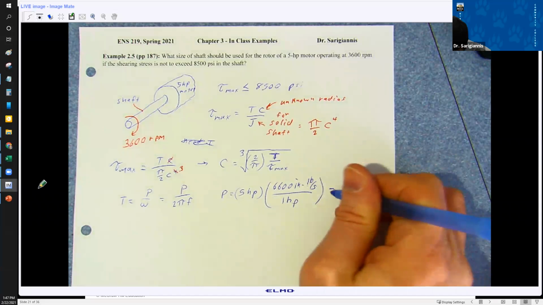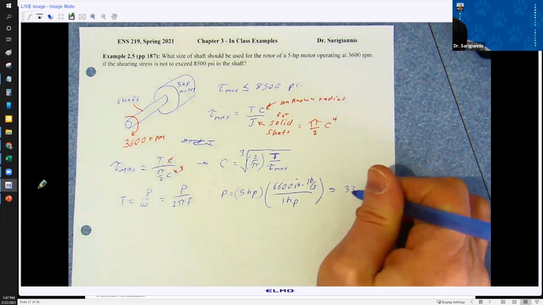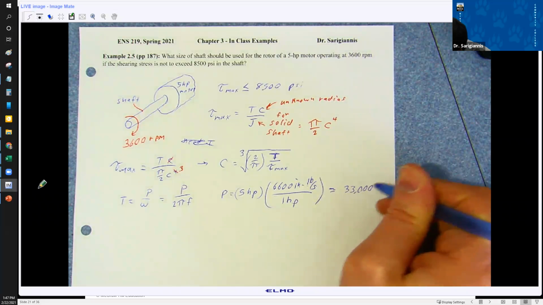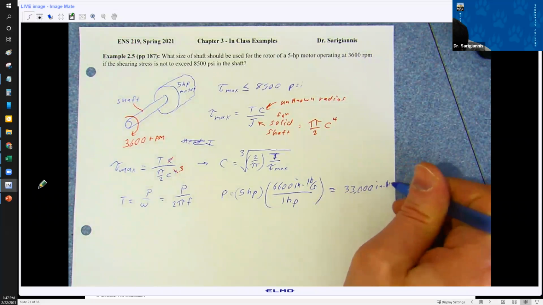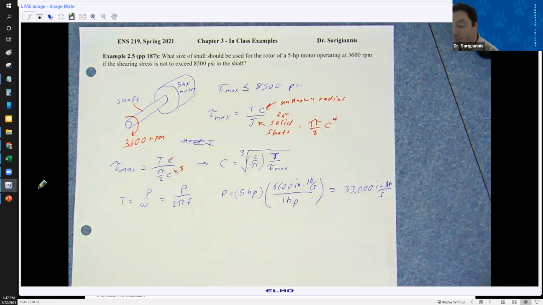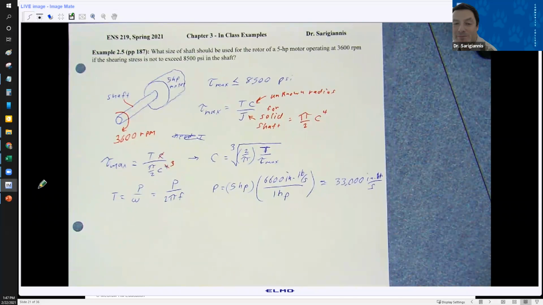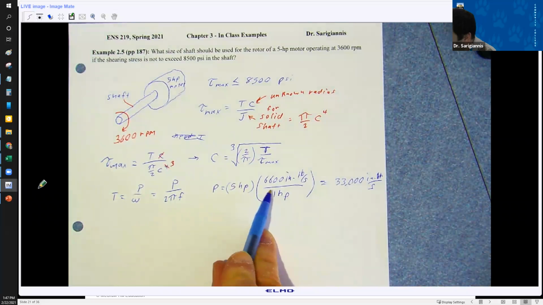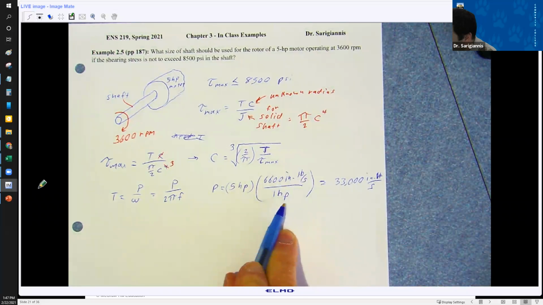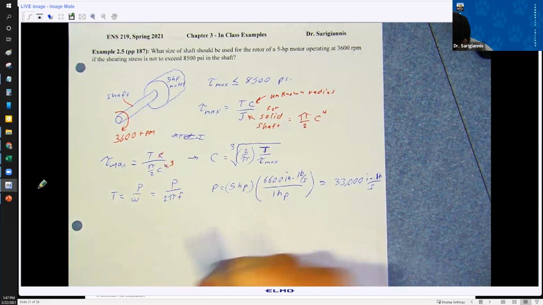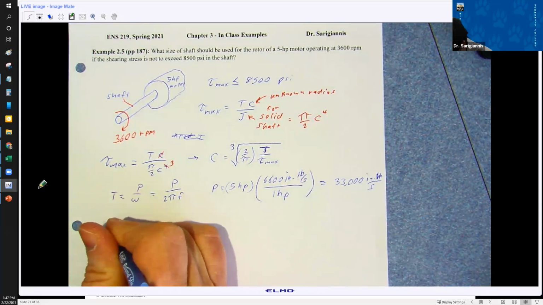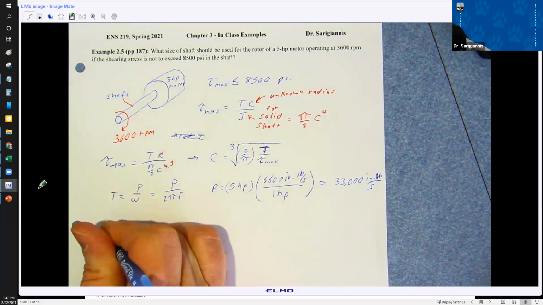So the power that we're transmitting is 33,000 inch-pound per second. This is a conversion factor right out of your textbook, and I've got to remember to give this to you if I ever give you a problem like this, because I really don't want you spending time looking for a conversion factor.